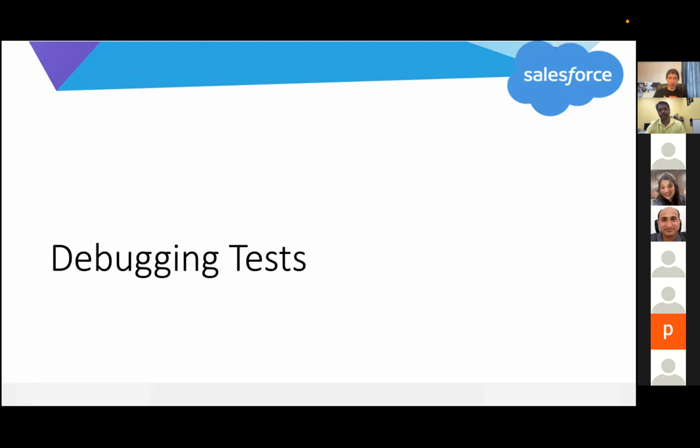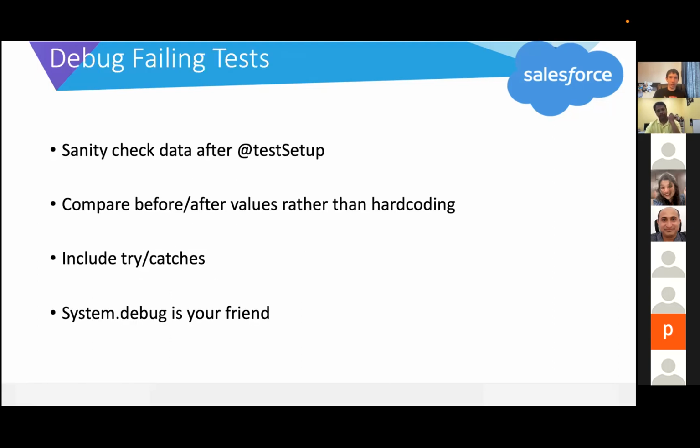All right, so the last major topic I wanted to cover was debugging tests. As we saw in the code, one of the things I like to do, again mentioning the test setup, is that after all your data is created, whether you're using test setup, creating the test data ad hoc, or using a static resource, do some sort of sanity data check.